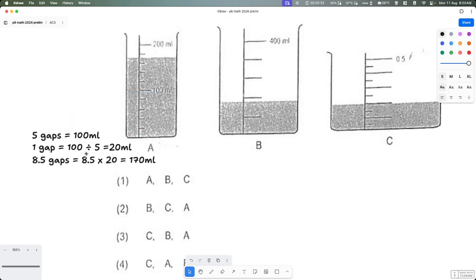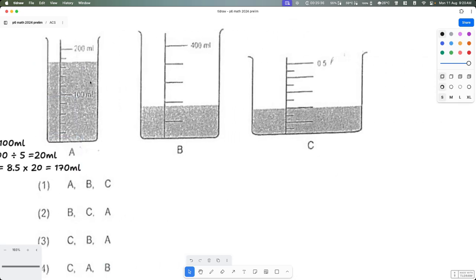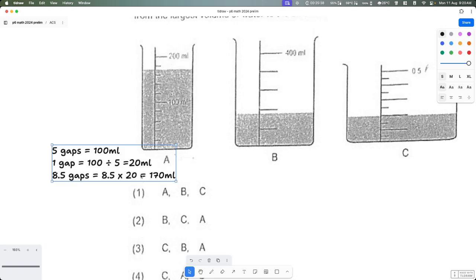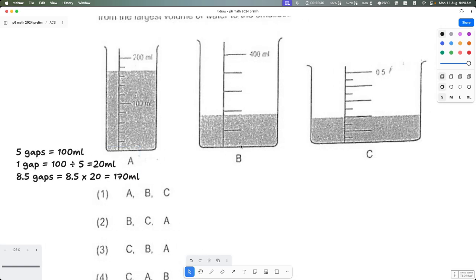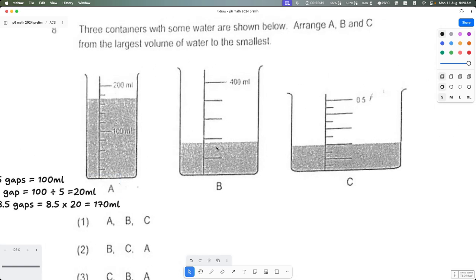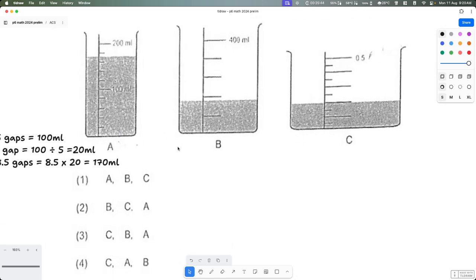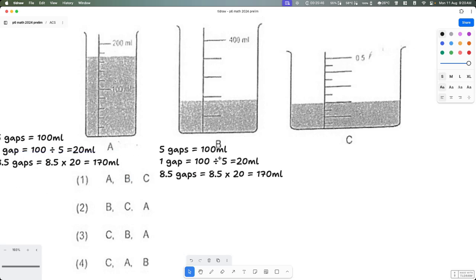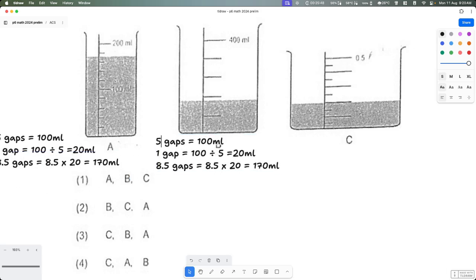Okay, so let's move on to B. Roughly, yeah. Okay, B over here, we have 1, 2, 3, 4, 5. So in this case, similar, 5 gaps is equal to 400 milliliters. One gap is 400 divided by 5, which is 80, right?